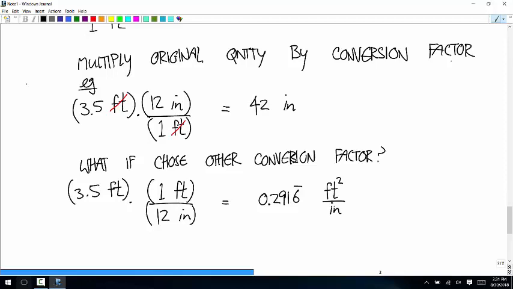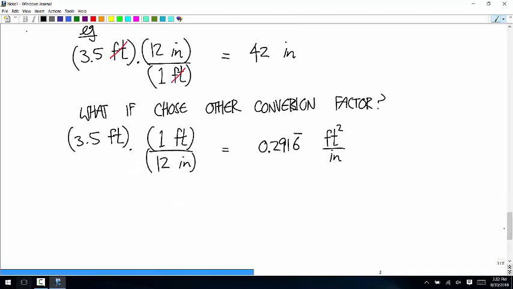Okay, well, it turns out there's nothing wrong about this equation. It is not incorrect. 3.5 feet is equal to this many feet squared over inches, and that is a unit of length that you could use. It just isn't the one that we wanted. Okay. So we need a strategy for always choosing the right conversion factor for the units that we want.